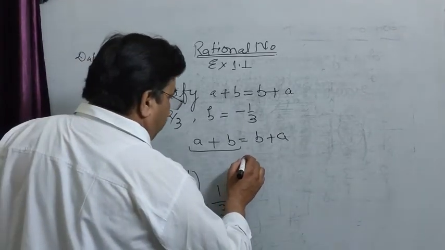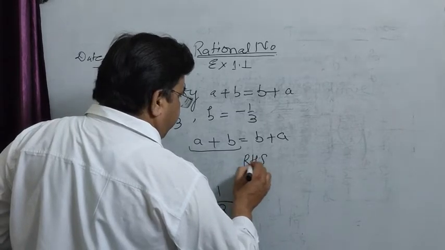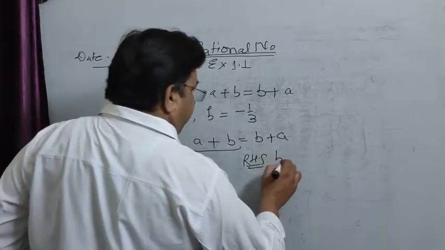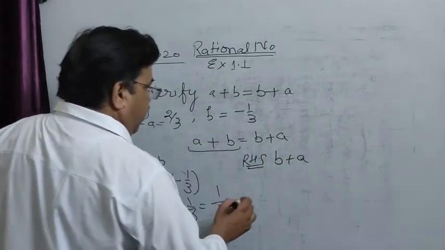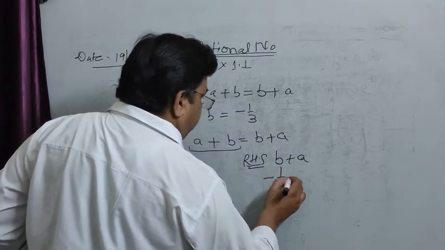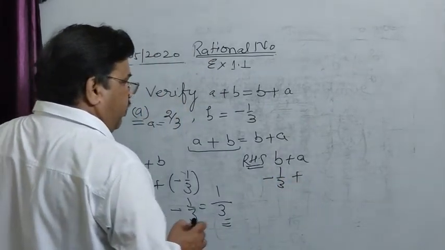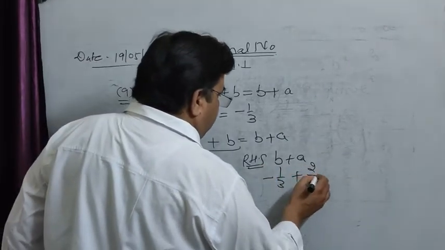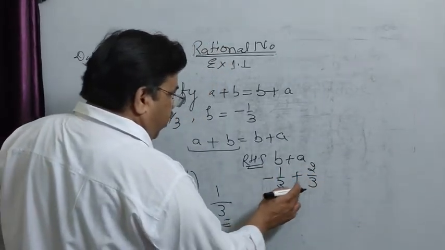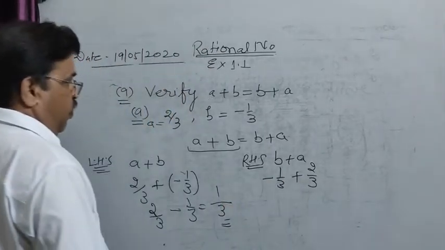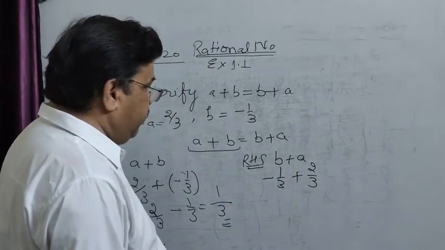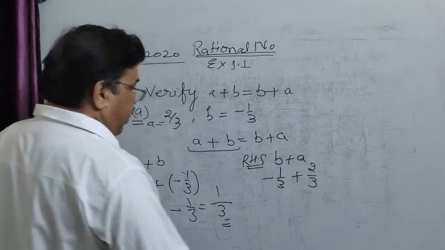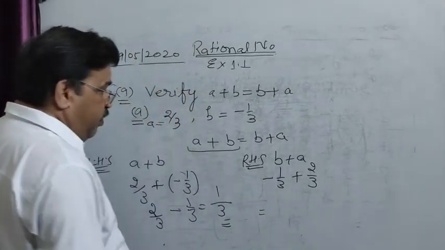Now you have to solve the right hand side. Okay, B plus A. Here minus 1 upon 3, and what is the value of A? 2 by 3. Okay, and the denominators of these two rational numbers are the same. You can easily subtract them. Why are we subtracting them?